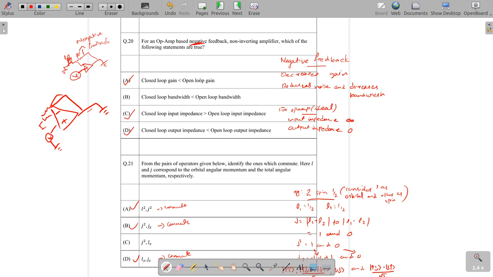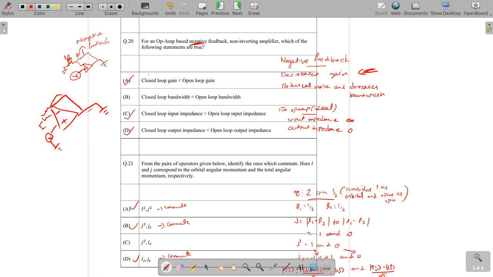The point to note is that negative feedback decreases the gain, reduces the noise, and basically stabilizes the system. Negative feedback is a usual property not only for op-amps but for any amplifier you take, like BJT transistor amplifiers also. They are usually used to stabilize the output.